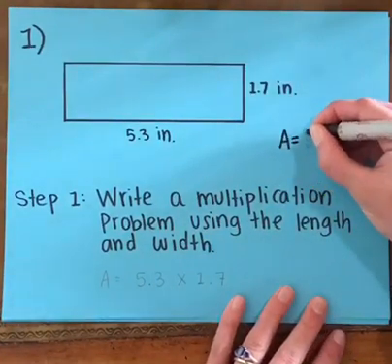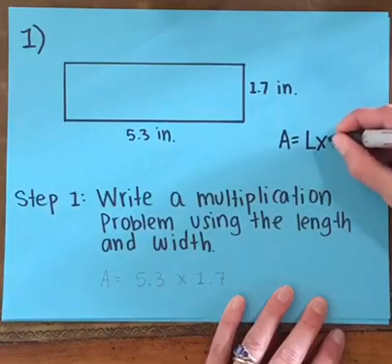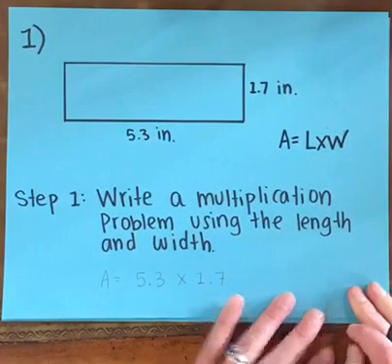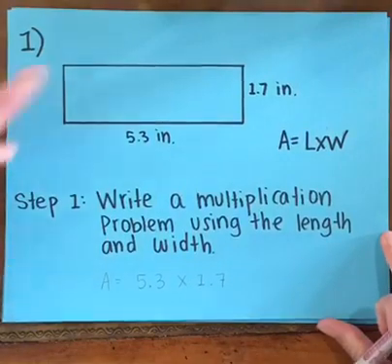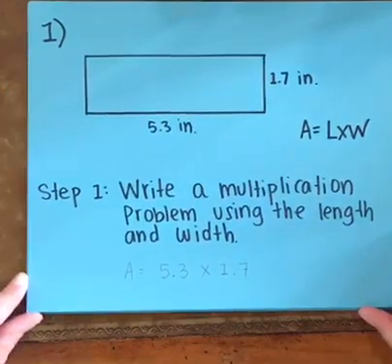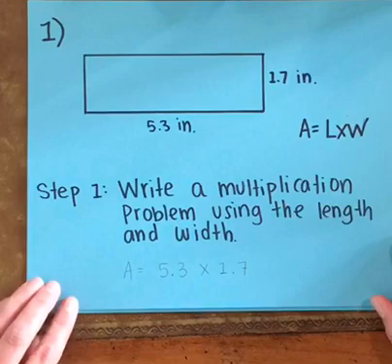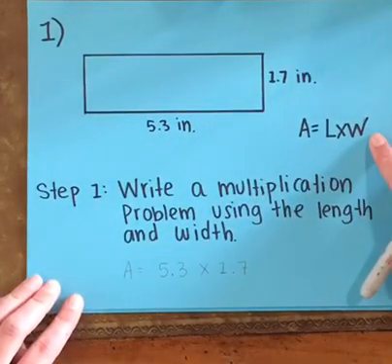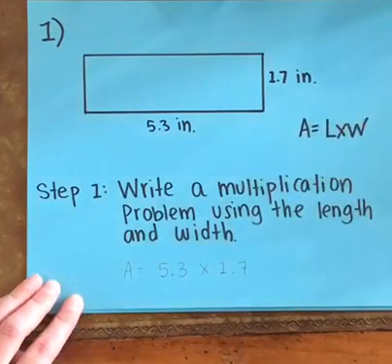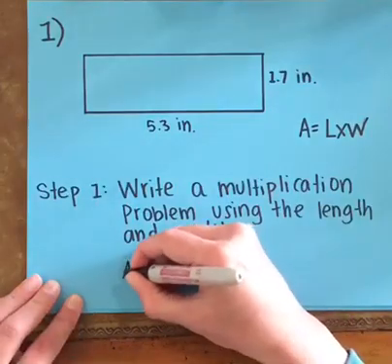To find area, we multiply the length times the width. So we actually have all the information that we need already labeled on our rectangle, and we don't need to write in the other dimensions. Our very first step, once we've written down the problem and reminded ourselves of the area formula, is to plug in the length and the width for our rectangle into this formula and write a multiplication problem.